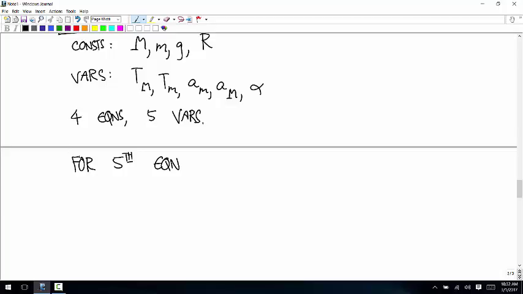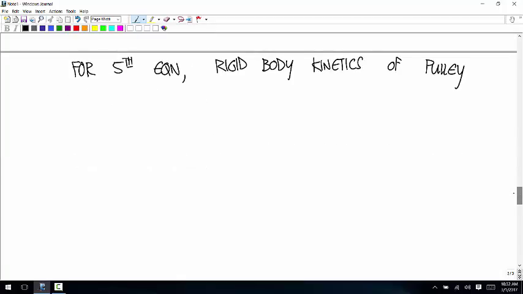So for the fifth equation, rigid body kinetics of the pulley. Okay, so let's just go through the steps.